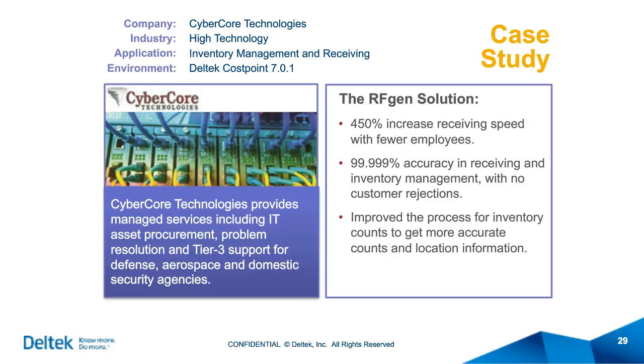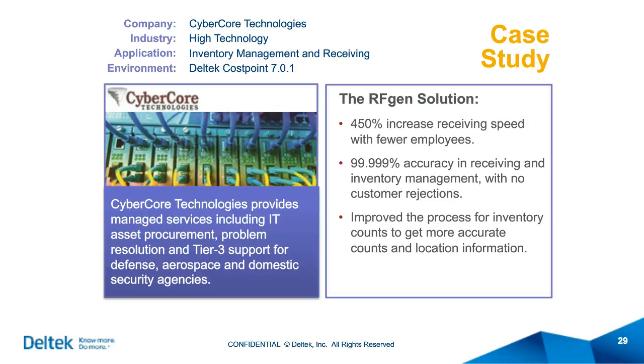I'm either taking too long to find a product, or I'm shipping the wrong product, or I have more inventory than I need. Usually the accuracy equates to tremendous dollars, depending on the average inventory a company will have on hand. And they improved the inventory process so they could get much more, and much more accurate, information.